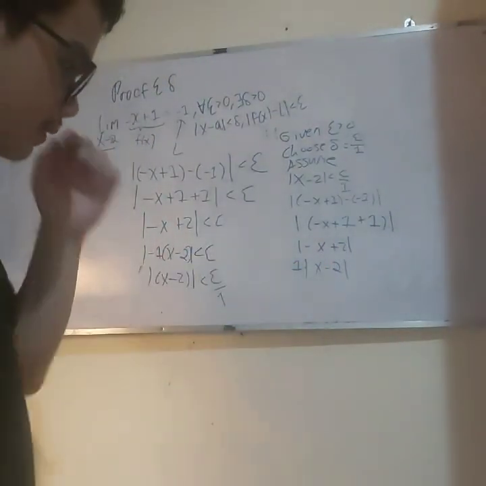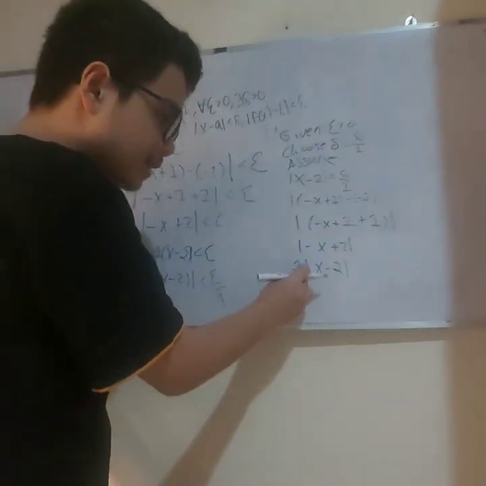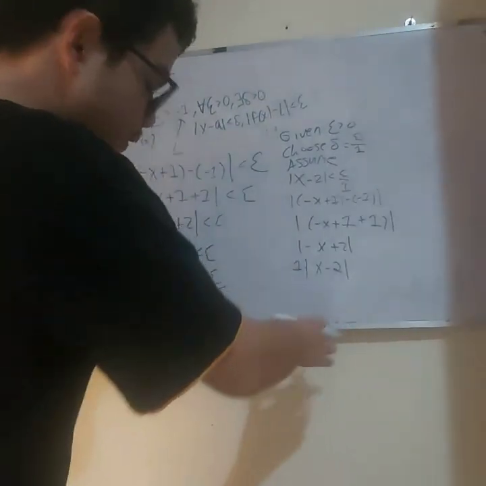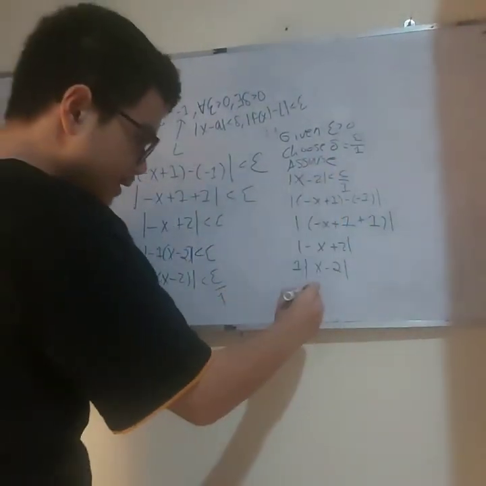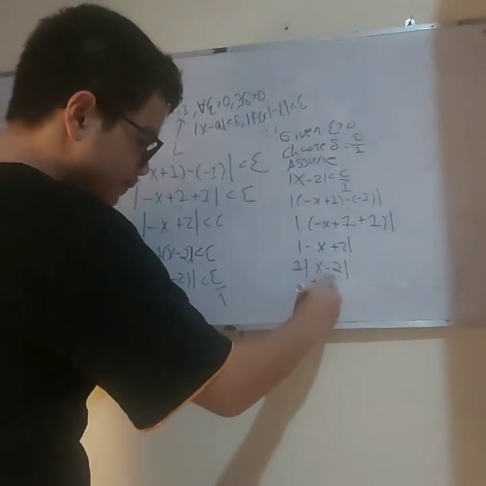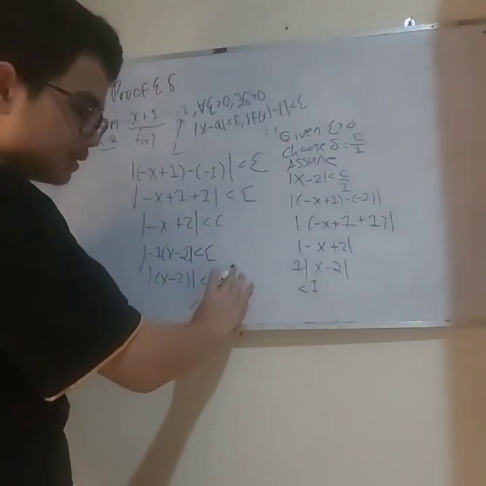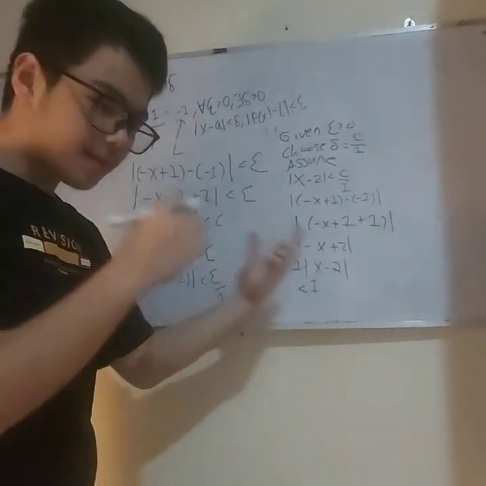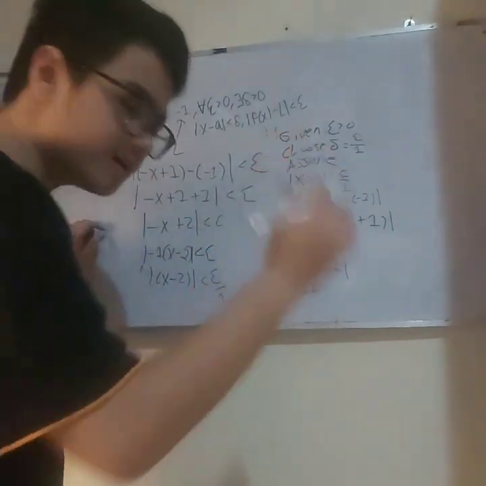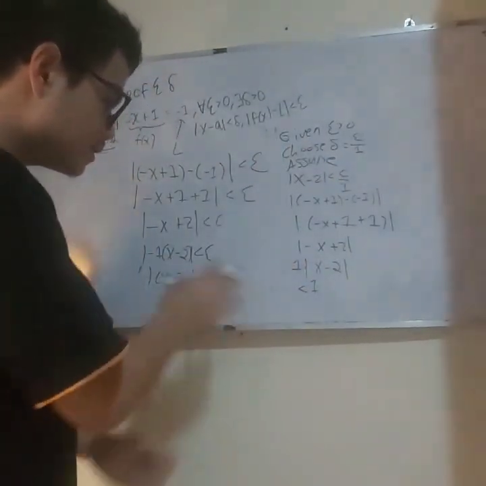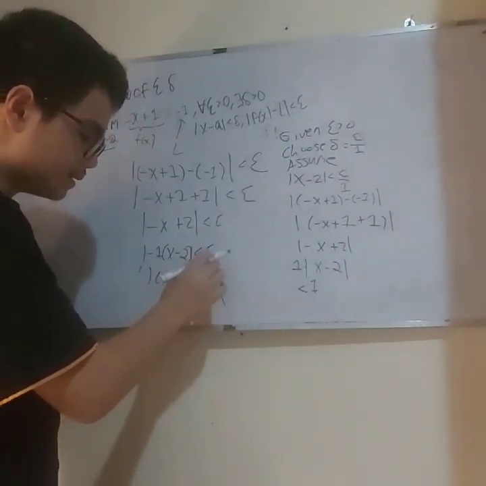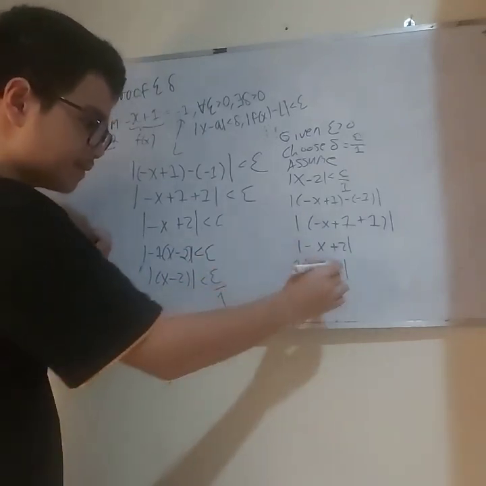Okay, now 1 times the absolute value of x minus 2 is just the absolute value of x minus 2, right? So this will be less than 1 times epsilon over 1, because it's already less than this.